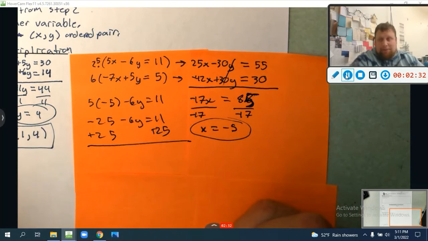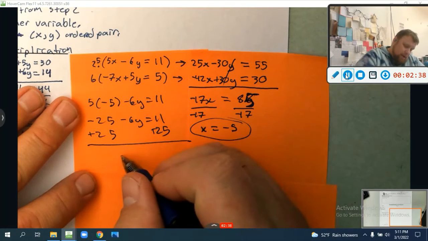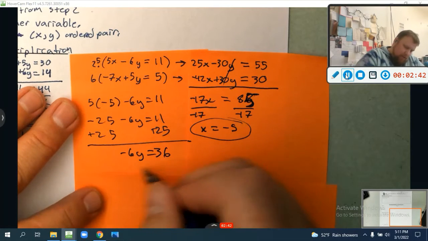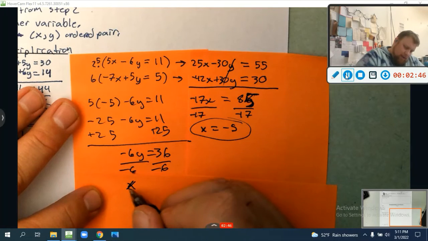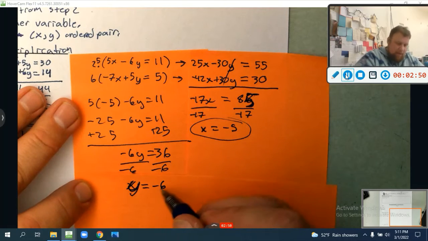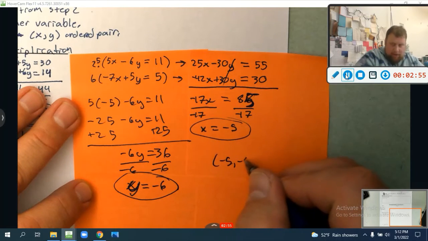The answer to this one was originally, the way I had done it with that negative 11, was 69 seventeenths. That's not a great answer. This becomes negative 6y equals 36. Divide both sides by negative 6. And we get that y is equal to negative 6. And our ultimate answer is the ordered pair, negative 5, negative 6.